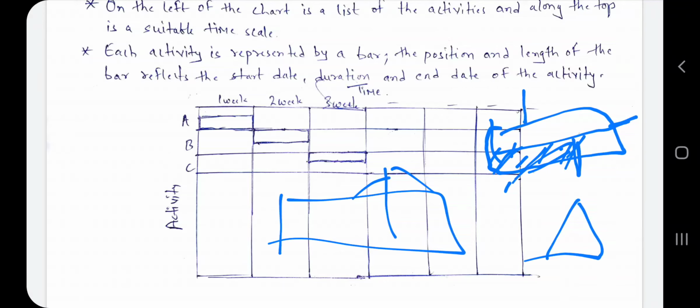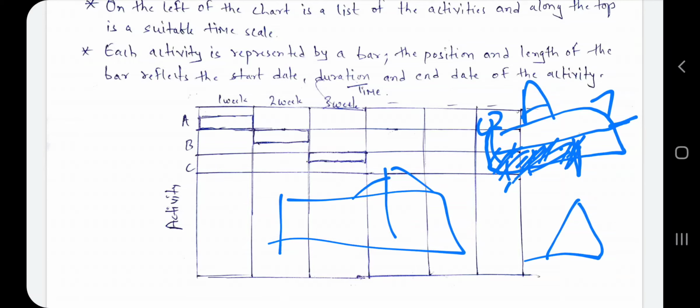It means our activity A starts at 0 and ends on day 7, but up to the 4th day our activity is completed up to this point. So this is the progress monitoring chart. You also have to note the progress of the project. In this way we have to draw the Gantt chart.